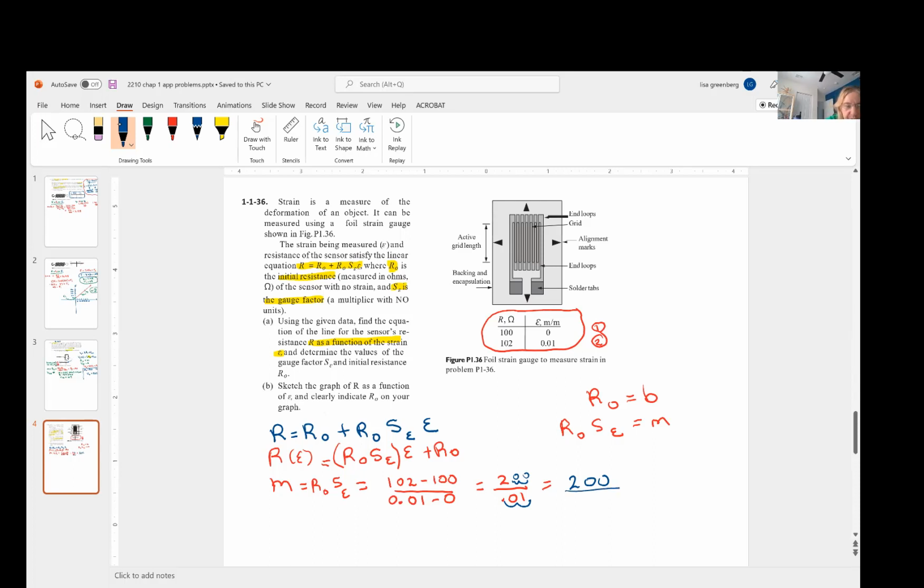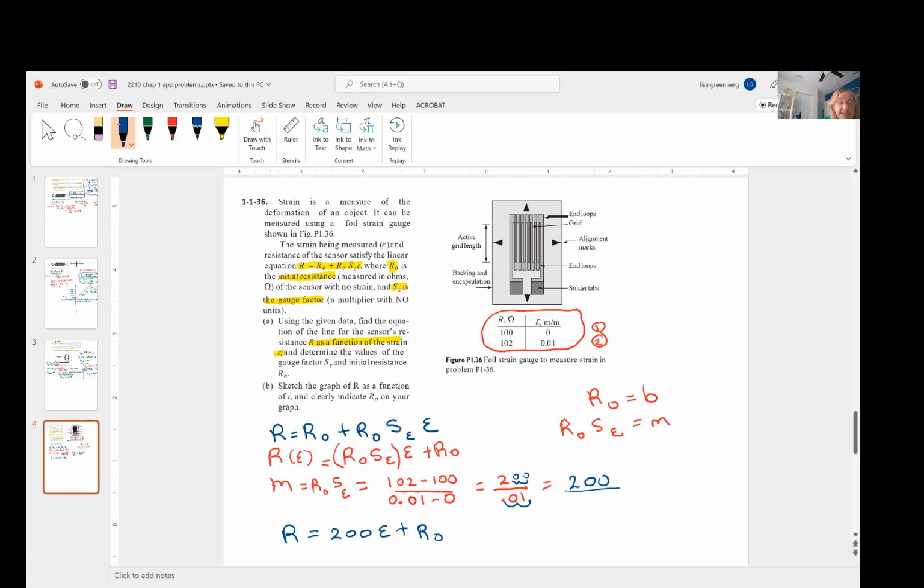So we can rewrite our equation as R equals 200 times epsilon plus R sub 0. Now, the really nice thing about the data that they gave us is they actually gave us R sub 0.